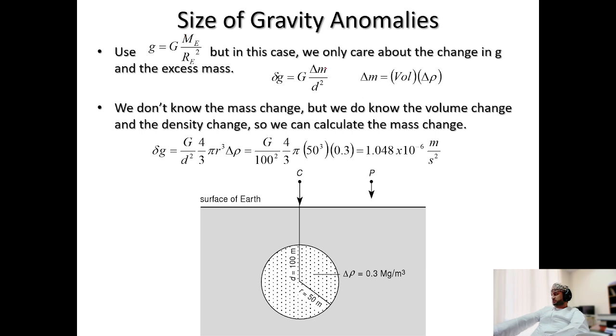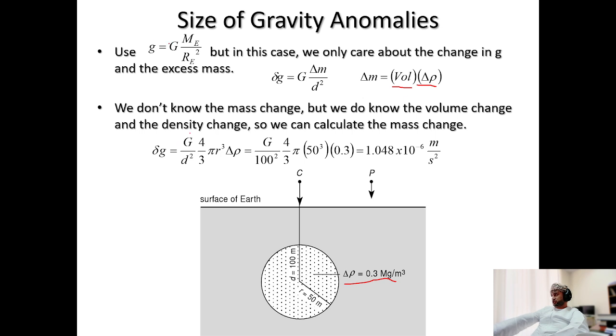You know that mass is equal to volume times density. We need to know the volume of the sphere and the density difference, which is given to us. So plug these values back into the same equation.